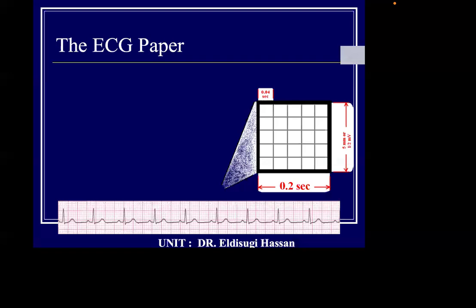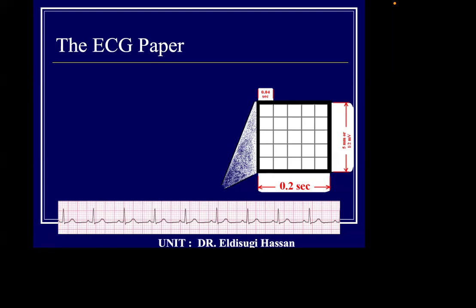So if we come to the ECG paper, if you look carefully, we have a large box and we have a small box. This is the large box of the ECG paper, and it is divided into small boxes. Every one small box constitutes about 0.04 second if you go horizontally, and this is the time.